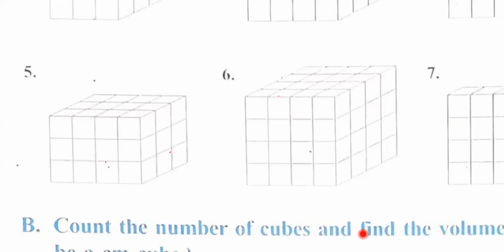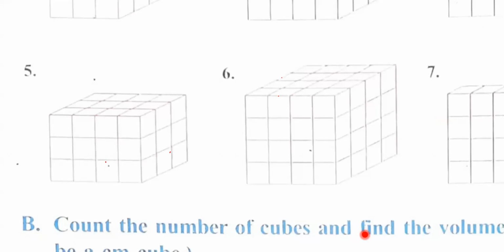Very good. So can you tell me the cube of this fifth figure, Soham? Count with me, everyone. First of all, you have to see how many layers. Ma'am, 3. Very good. So there are 3 layers.